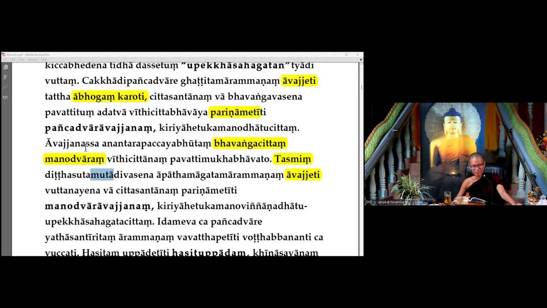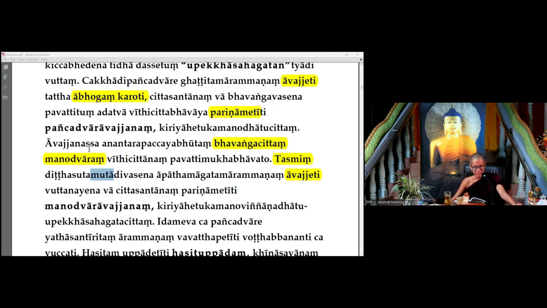So in this way, in terms of seeing, hearing, experiencing, it is like that. Those objects appear, and you reflect about those objects. It is avojana.